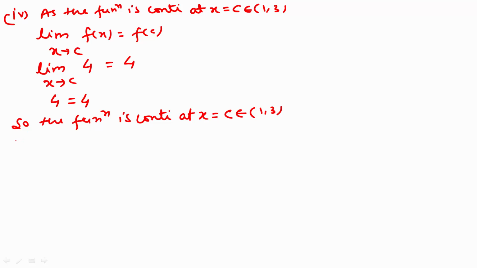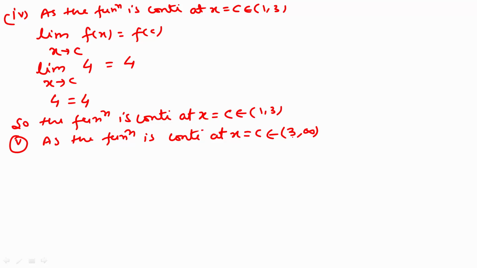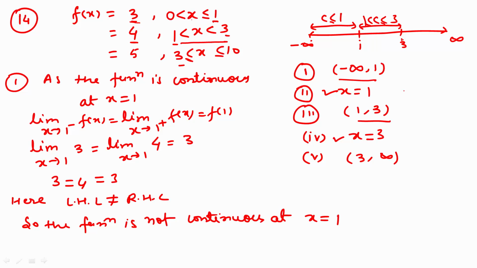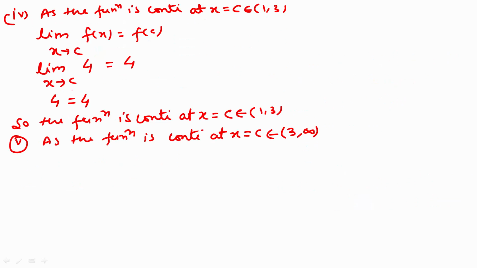Now check the fifth and the last case. As the function is continuous at x is equal to c, where c belongs to 3 to infinity, 3 to infinity is the last interval, so limit x tends to c of f(x) is equal to f of c.